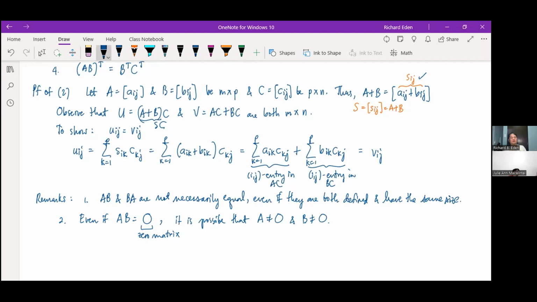Okay. But of course, if A is 4x7, I'm referring to comparing it with the zero matrix of size 4x7. Okay, and if B is size 7x11, on the other side, I'm referring to the 7x11 zero matrix.